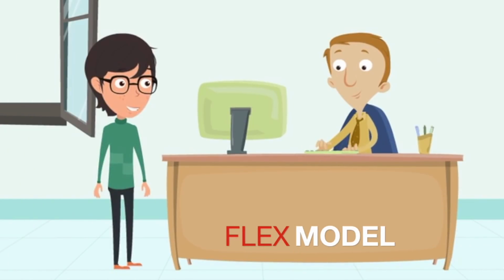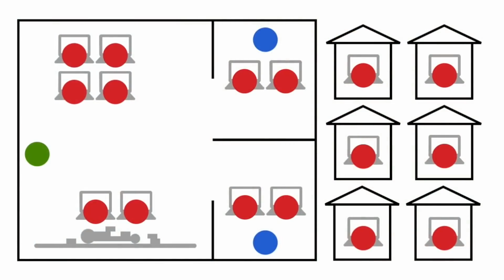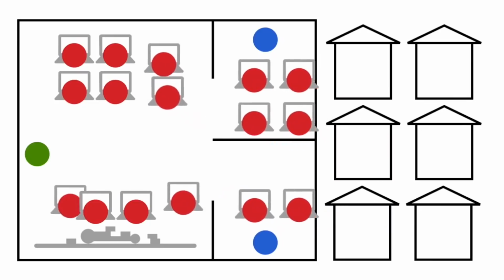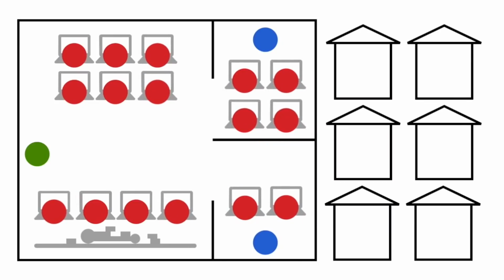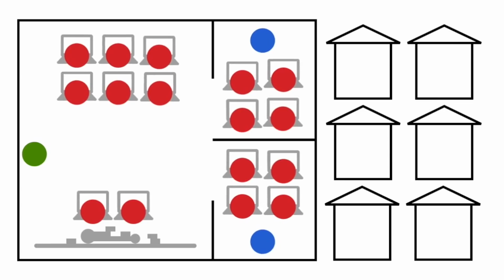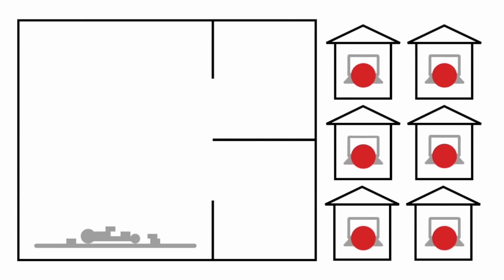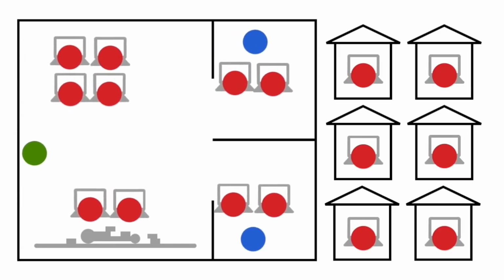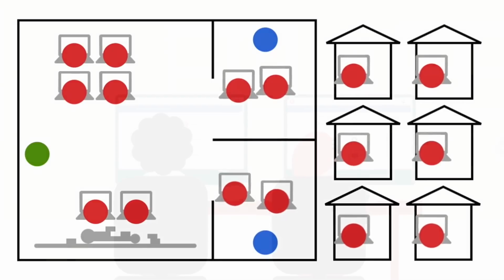The second is the flex model, and in this model, it refers to courses where online learning is the core of a student's learning experience, mostly taking place in school and with teachers available to enrich a student's online learning experience as needed on a case-by-case basis.